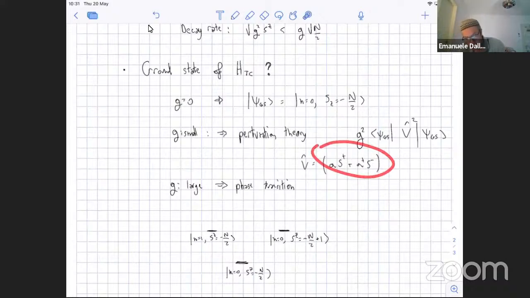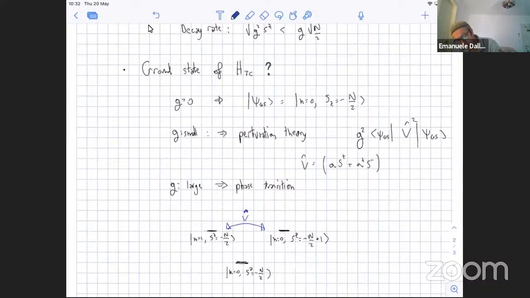The coupling term can couple these two excitations, right? The V operator can bring you from the situation in which you have one photon to a situation where there are no photons, but you excited the spin. Agree? Yes, good.